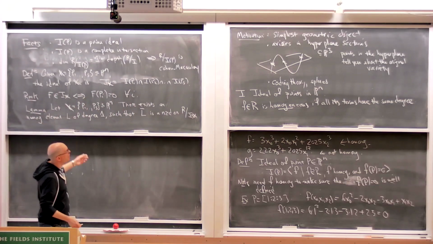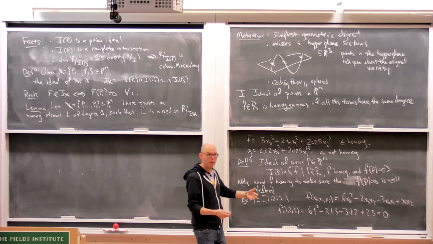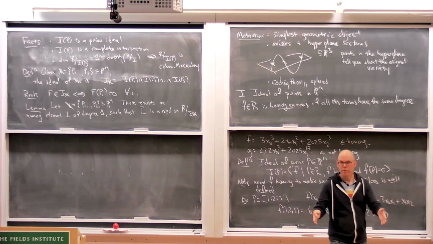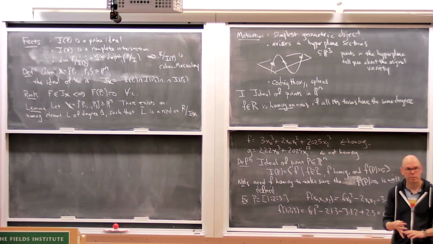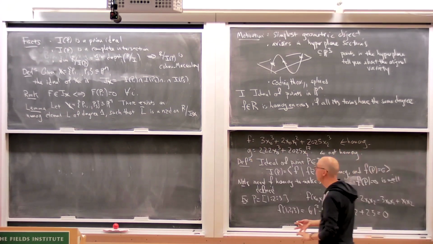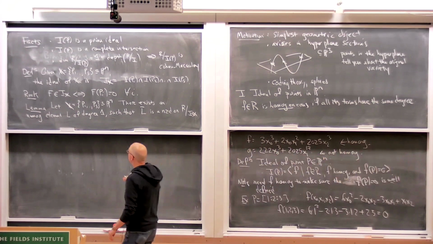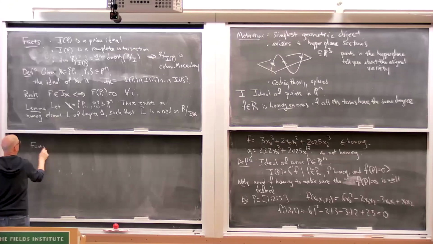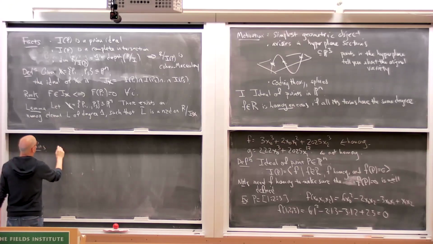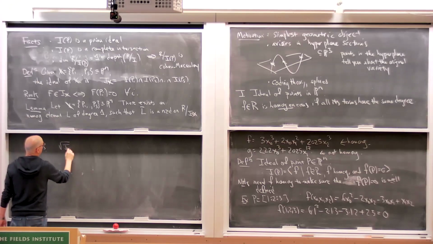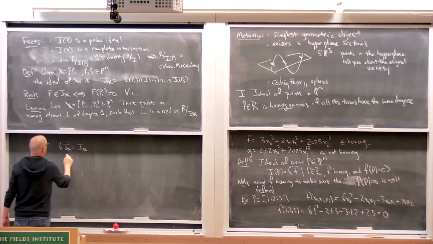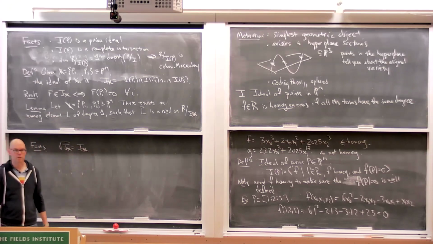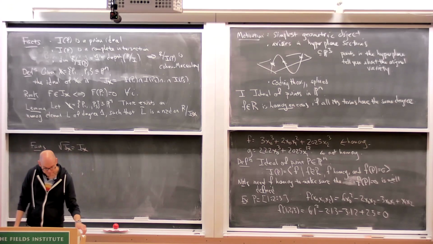We're still saying some properties about the ideal of points. We know that the ideal of a point is a complete intersection and prime. But what about this one, which is the one we're interested in? Well, we have the following facts. The ideal is radical, so when you take the radical of the ideal, you get the ideal itself back.